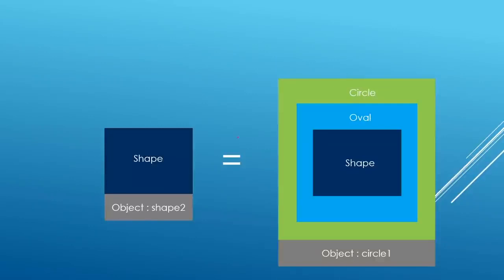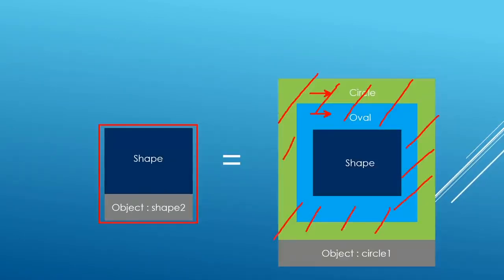The compiler is going to see that we are really assigning a circle to a shape, and the compiler is going to notice that what we have on the left is just a shape, and we don't have enough space to store information about oval and circle here. So what the compiler is going to do, it is going to strip off all these things that we don't really need, and it is going to leave in only the shape part that we can assign to what we have on the left.